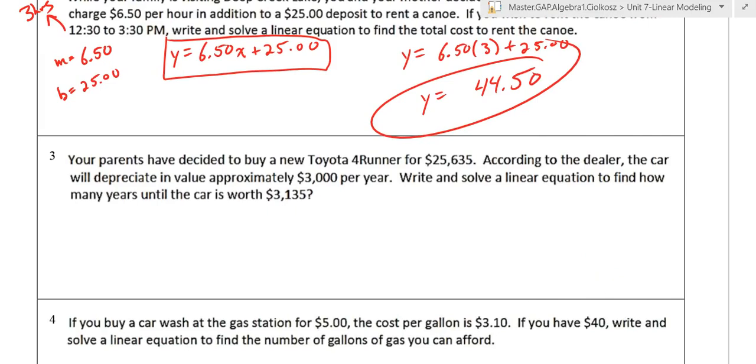Take a second now and read through number 3. Alright, so here we got our initial value, or how much we paid for that car. So that's like my upfront cost.